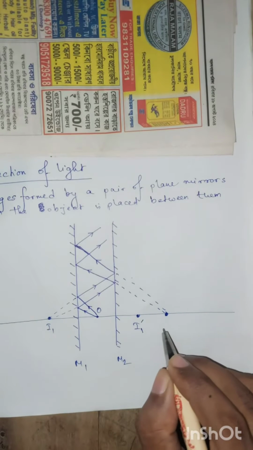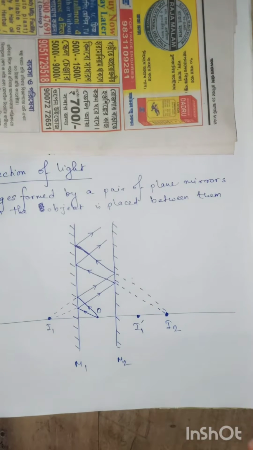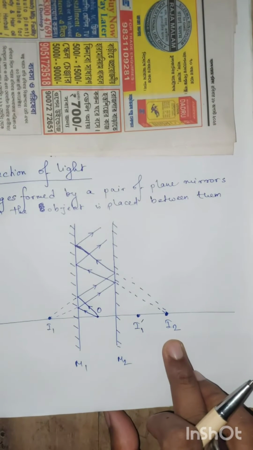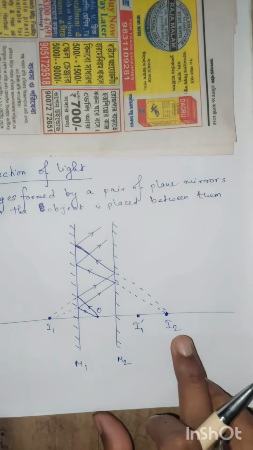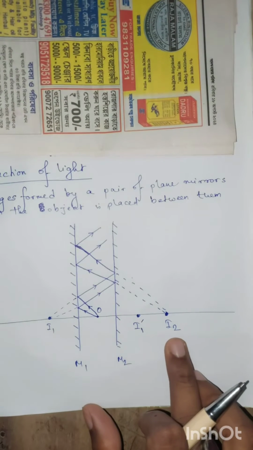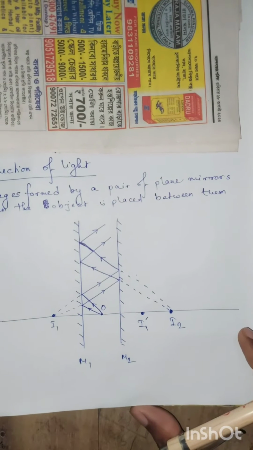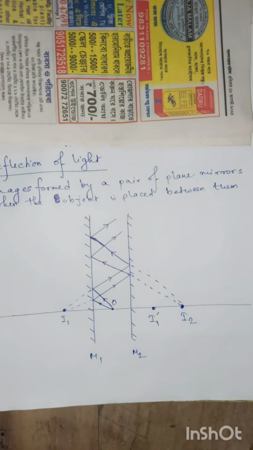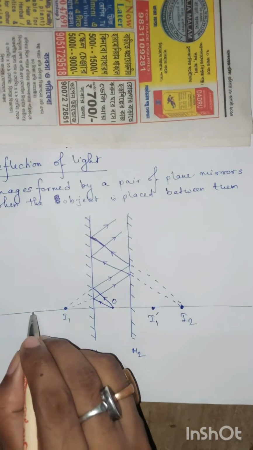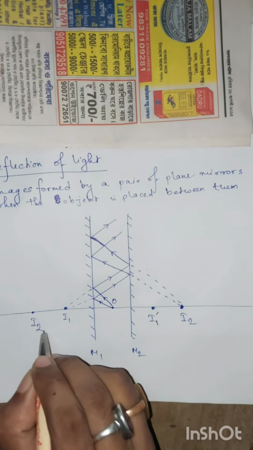Let me name it I2, and because of this I2, another image of I2 will be created inside the first mirror. So this is I2 dashed.